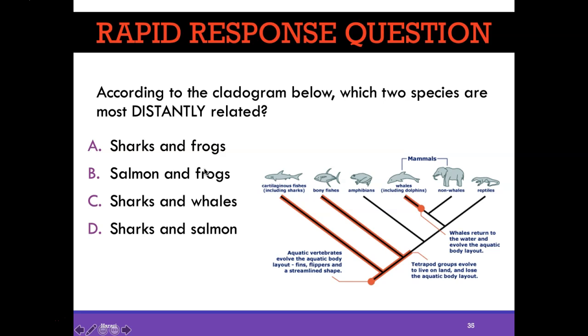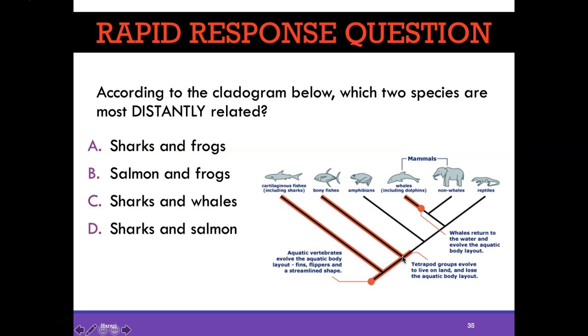So I want you to pause here and look at this cladogram very closely. Which two species are most distantly related? So all of these, from reptiles, mammals, amphibians, and fish, which are the two most distantly related? So looking at this cladogram, we can look at all these junctures at which divergent evolution occurred.